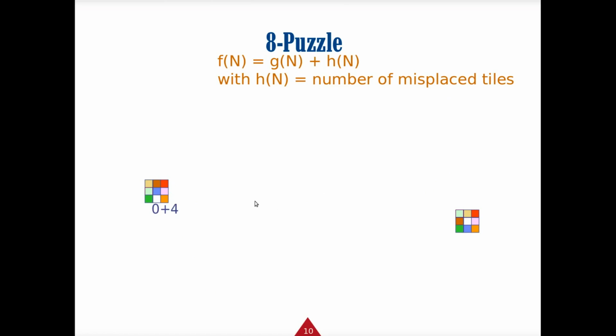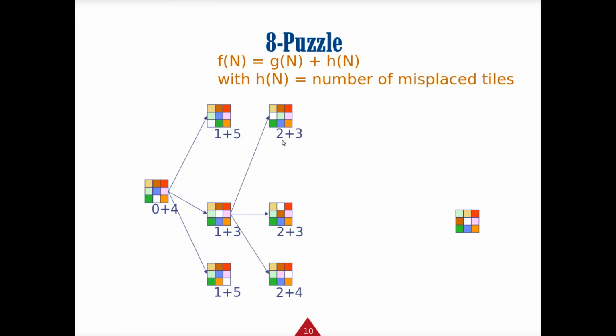So in this case, we're also going to add a step cost function, the g of n. The initial step, we only have 4. In the next step, we're going to add 1, and we see that the g of n gets 1, and we see, okay, we got 1 plus 3 here. So this is 6, 6, and 4, so we're going to go down this path. And we see we have 2 cases of 5, and then 1 of 4, so we're going to ignore this one.